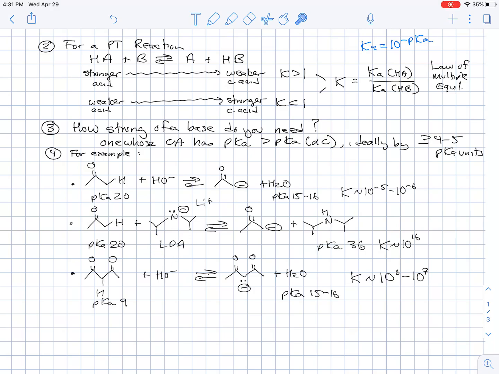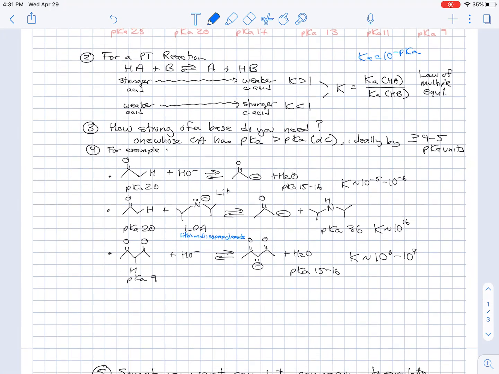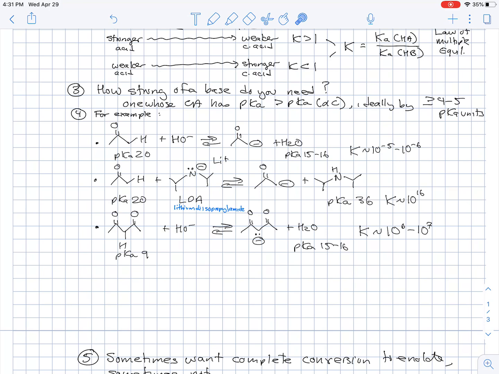If we get out the big guns, this is a base called LDA, where LDA stands for lithium diisopropylamide. You're never going to be able to read that once I condense this back down.